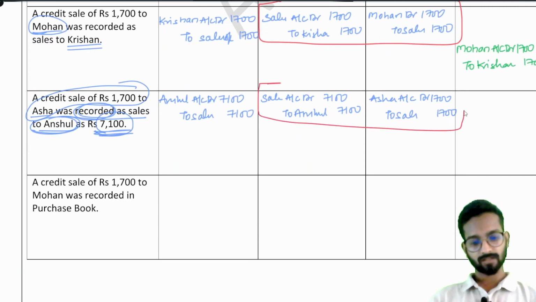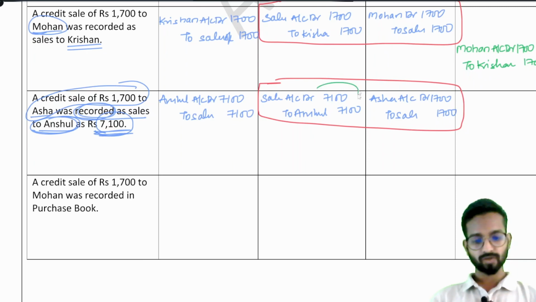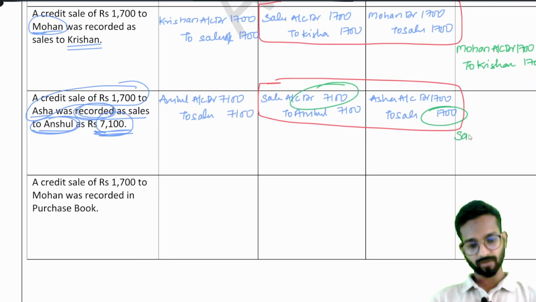What's the last step? Add the second and third. What will be your answer? Sales was debited 7,100. Sales is credited 1700. So you can say, see, whichever side is the higher, that will remain. So debit side is higher, 7,100 minus 1700. So you will write your sales account debit.